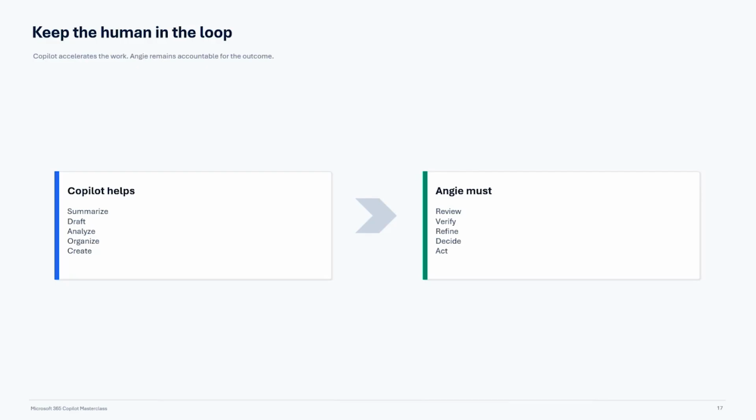So after Copilot does the work or does the helping for her, Angie also has to review the documents, review the information gotten, verify everything is correct, refine it to what will be presentable enough for her boss, and also decide on what to even talk about, because sometimes you might get information you don't want to present on. So that will also need you to quickly go through the documents you get, the information you get, and then do your fine-tuning at the end.